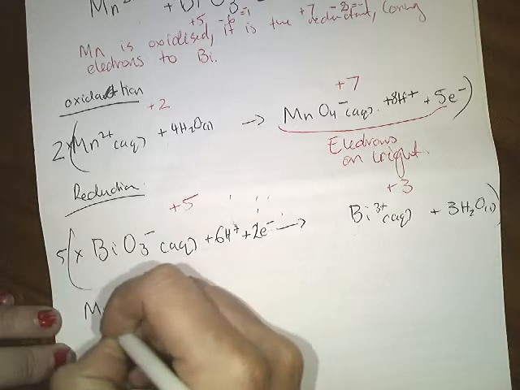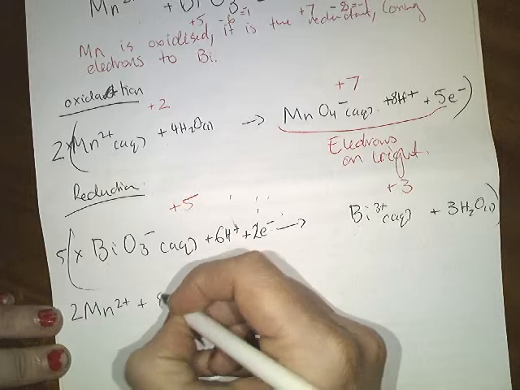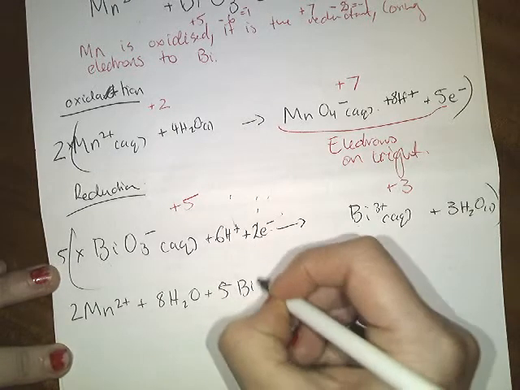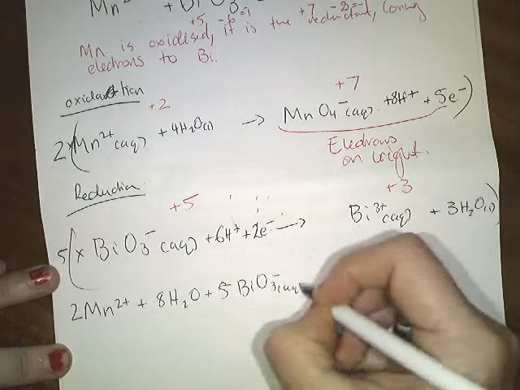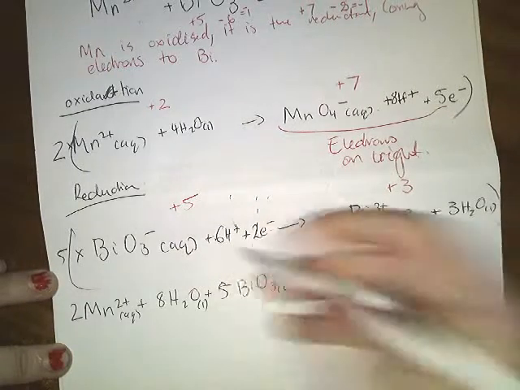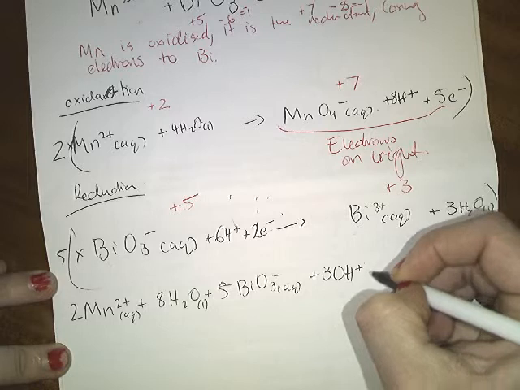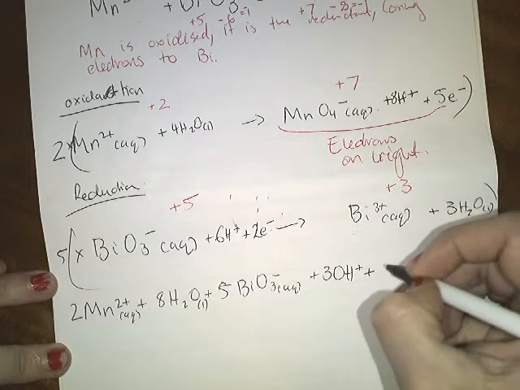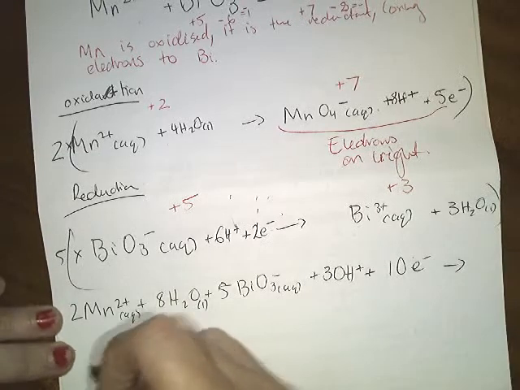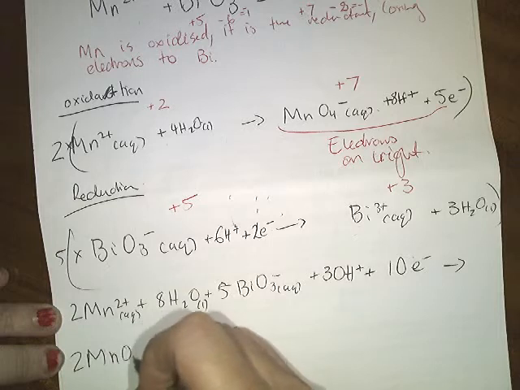So 2 Mn2+ plus 8 waters plus 5 BiO3-, plus 5 by 6 is 30 H pluses plus 10 electrons produces 2 MnO4-.